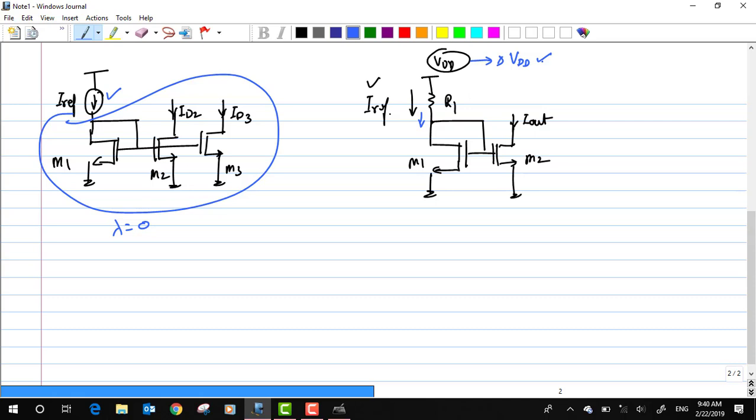Yeah, 1 by GM is the small signal impedance, and that's the reason why I started with the discussion of what is happening when there is a small signal variation. So I know that this particular diode connection could be generally modeled as 1 by GM1 in parallel with RO1, and since the value of lambda is assumed to be 0, I can neglect RO1.